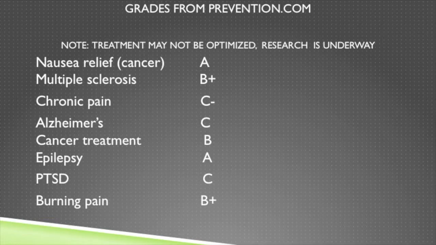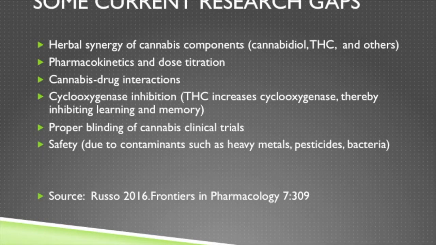But as you can see here, it's extremely effective for nausea relief for cancer and for epilepsy. It's very effective for multiple sclerosis and for what's called burning pain. Less so for some other things, Alzheimer's and PTSD. So there are a suite of positive effects from this thing.